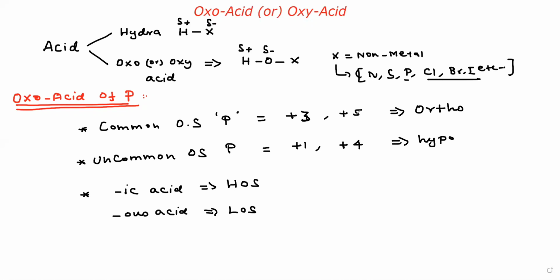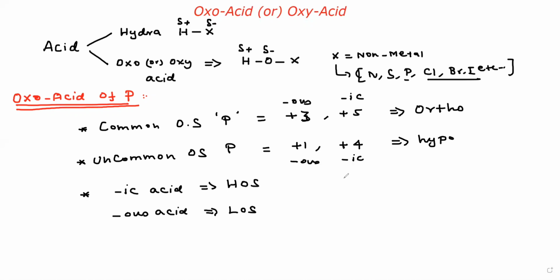Now, phosphorus with +5 is orthophosphoric acid. Then +3 is orthophosphorous acid. Then phosphorus +4 is hypophosphoric acid. Then +1 is hypophosphorous acid. Very simple. Whenever +3, +5 is ortho, +1, +4 is hypo. Then the higher oxidation state is called Ic, and the lower is Us. In case of ortho and hypo, this is Ic, this is Us.